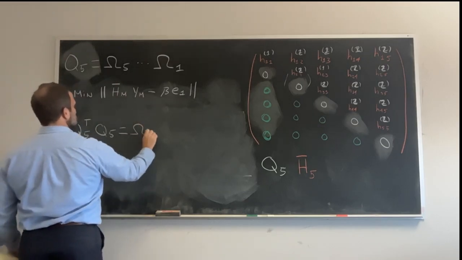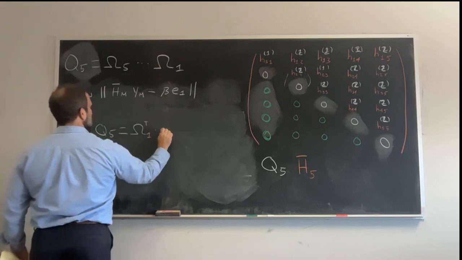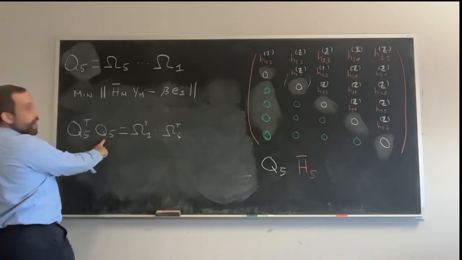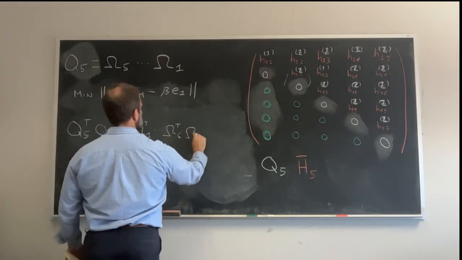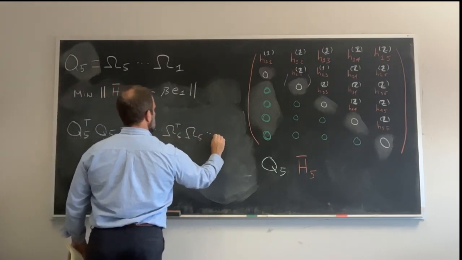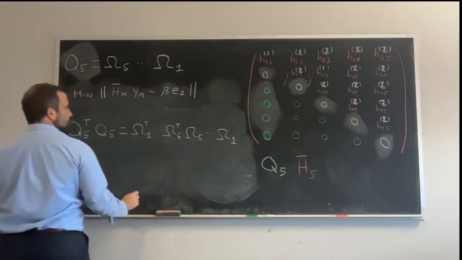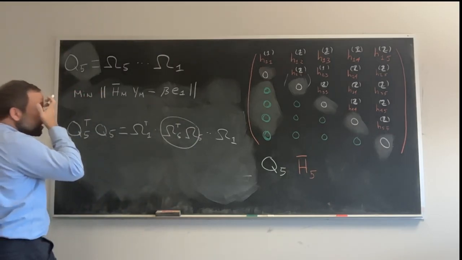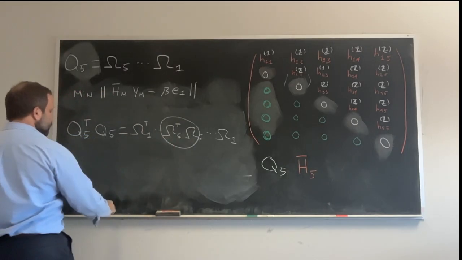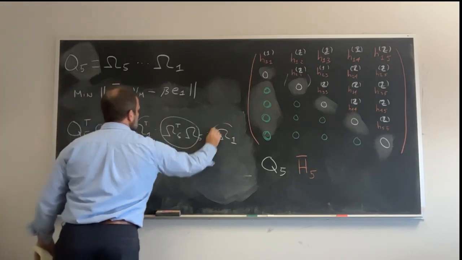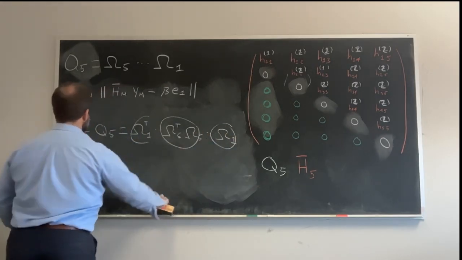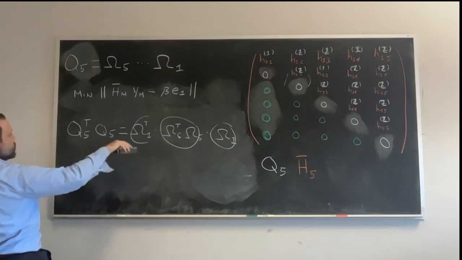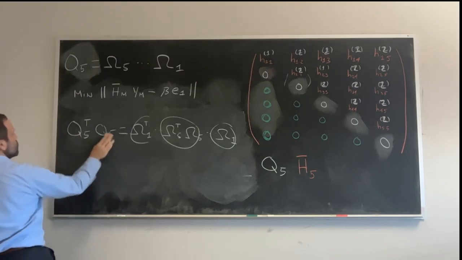Q5 transpose is omega 1 transpose all the way up to omega 5 transpose, and then we're going to multiply it by Q5, which is just omega 5 all the way down to omega 1. And by unitary, that's equal to the identity matrix. Omega 4 transpose times omega 4 is equal to the identity matrix, and omega 1 transpose times omega 1 is also equal to the identity matrix. So in other words, Q5 transpose times Q5 is equal to the identity matrix.